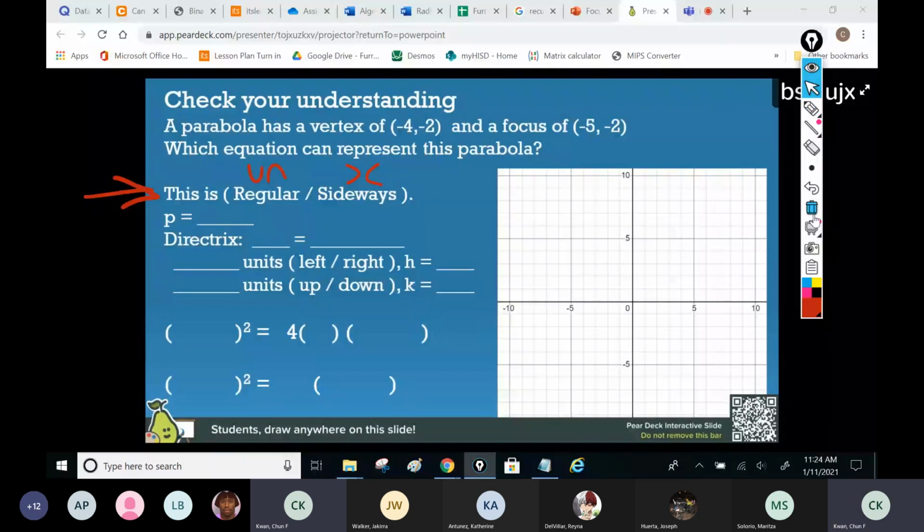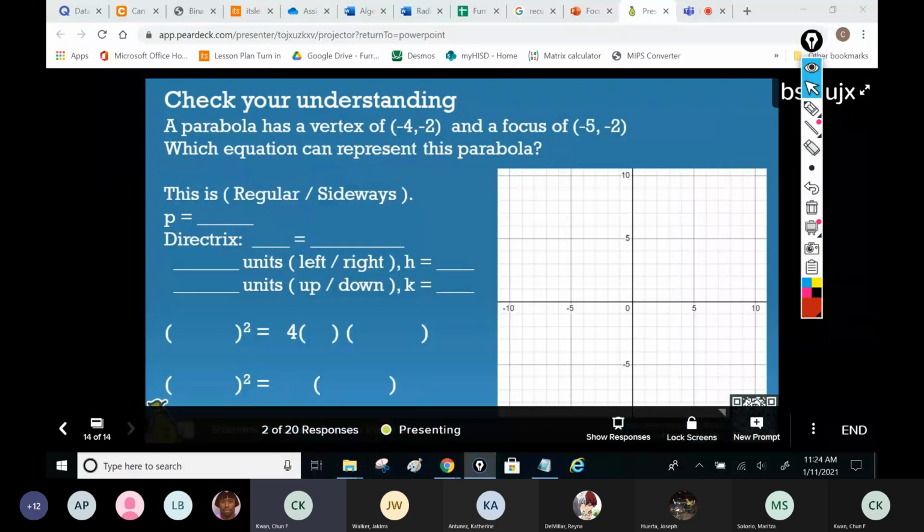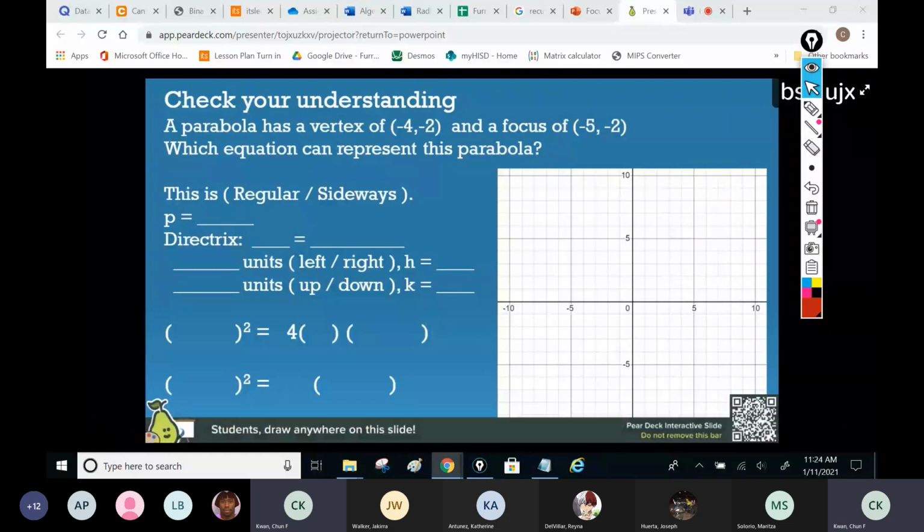Why don't you guys draw something on the screen right away so I can maybe help you out if you guys are stuck. So give it a try.